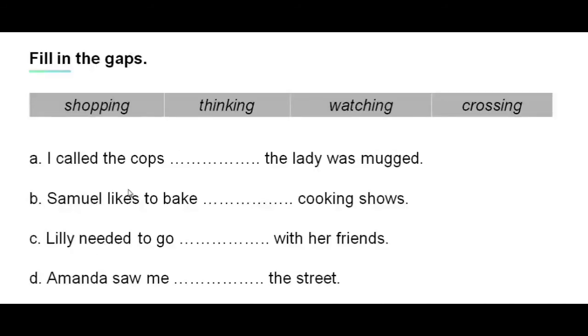And now, it's time for you to practice on your own. Read the following sentences and fill in the gaps with shopping, thinking, watching, or crossing. A. I called the cops. The lady was mugged.